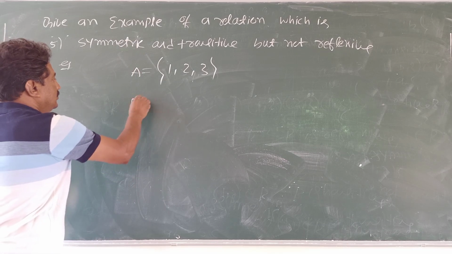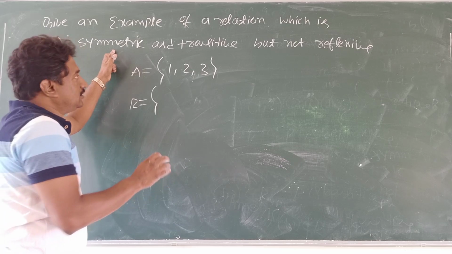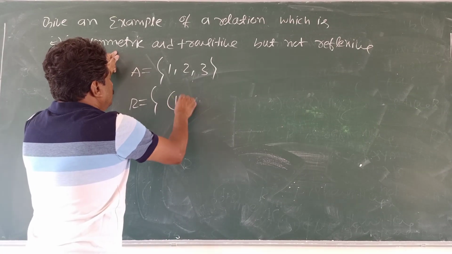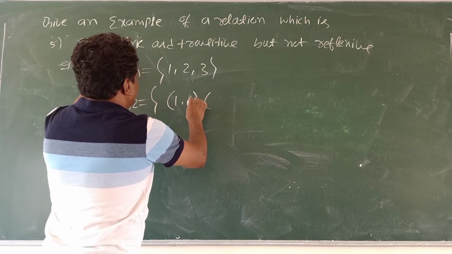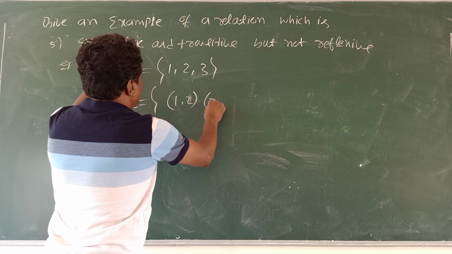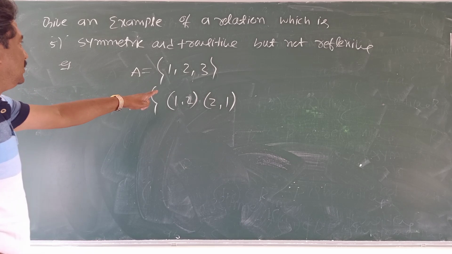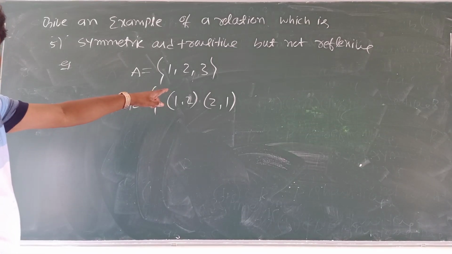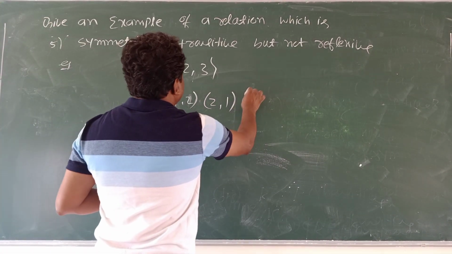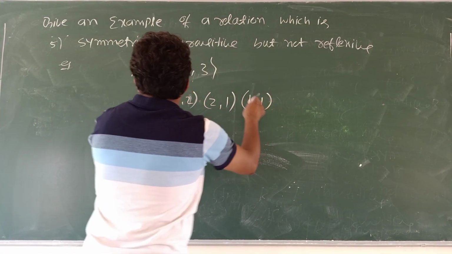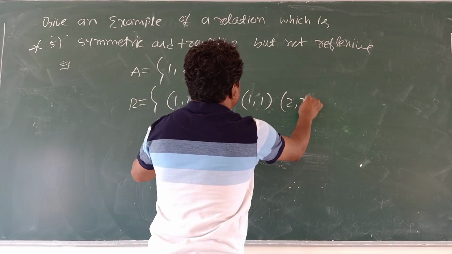To make it symmetric, I should add (a, b), (b, a). Just add (1, 1), (2, 2), (1, 2), (2, 1). To make it transitive, you add (1, 1) and (2, 2). Enough.